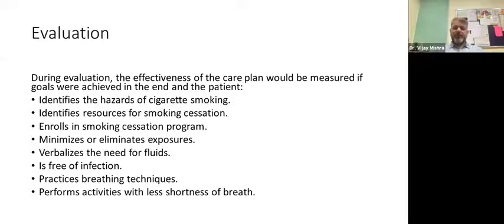He talks about the need for fluids to keep himself well hydrated, is free of infection, is practicing breathing techniques, and does activities which cause less shortness of breath. If these are the things that the patient is doing, then that's the effectiveness of your care plan. So this is how we evaluate our own performance.